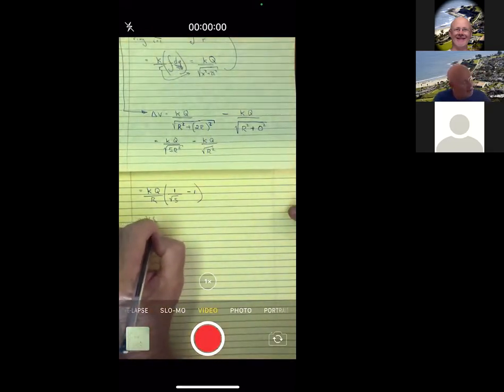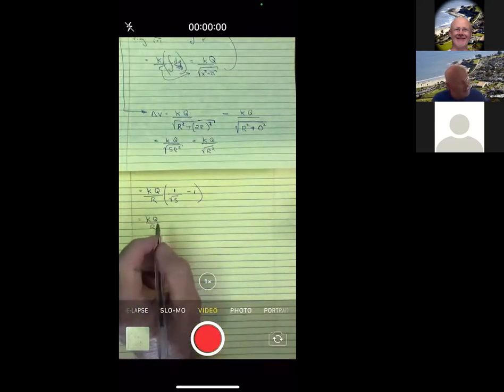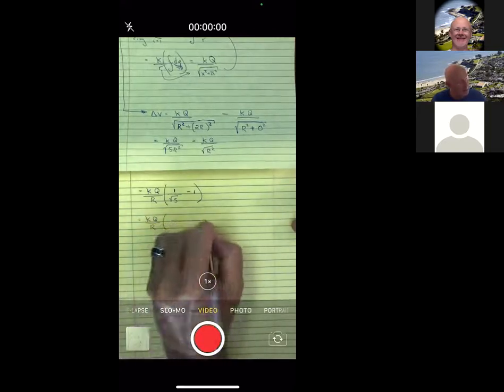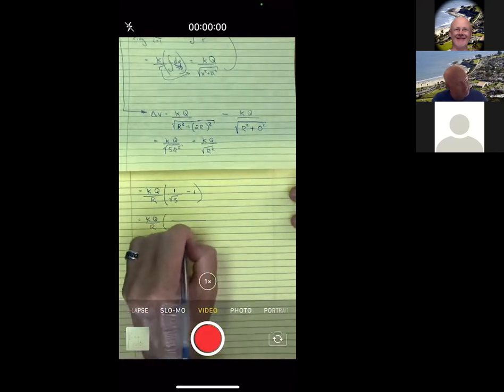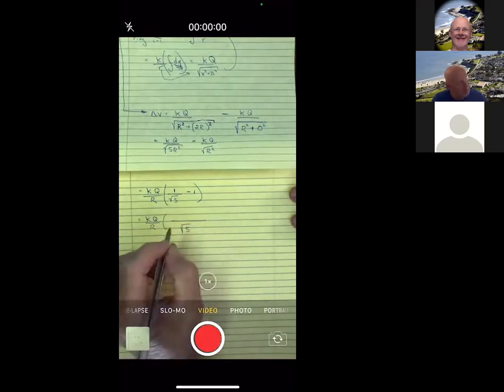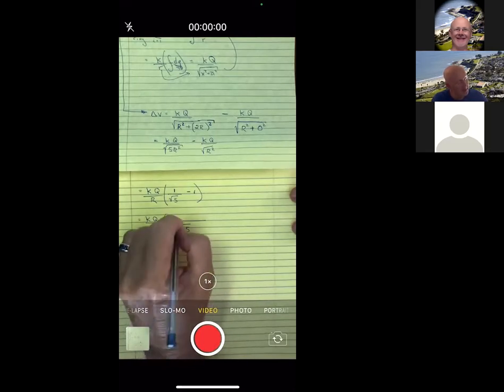And I'll have to look at the answer. I know in math, they don't like radicals on the bottom. So let me first get a common denominator.